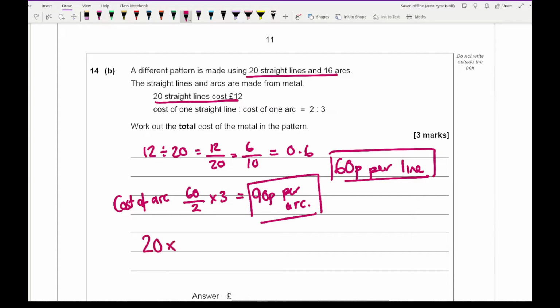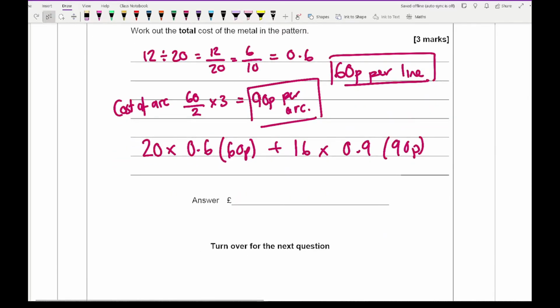So I've got 20 times 60 pence, 0.6, plus 16 times 90 pence or 0.9, and if I work those amounts out using long multiplication, I get £12 and that's going to be £14.40, giving me a total cost of £26.40.